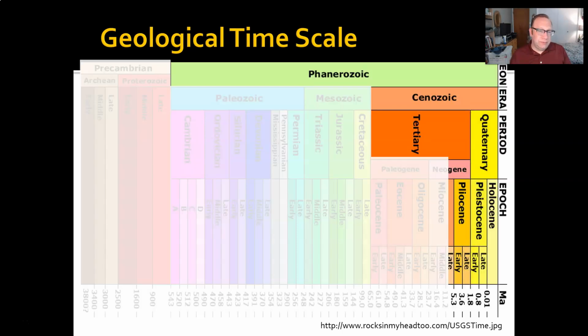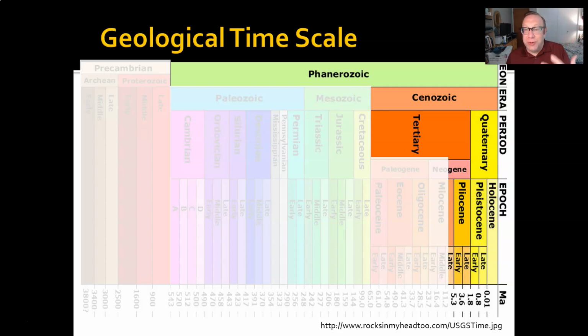I won't make you memorize these today, but you'll want to do that for the exam for sure. We are currently in the Phanerozoic eon, living in the Cenozoic era.